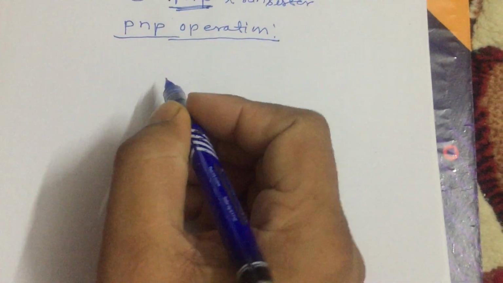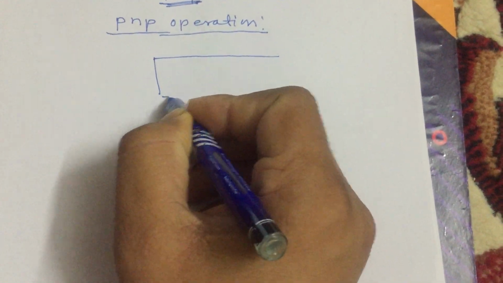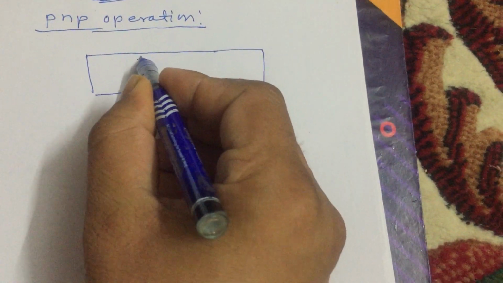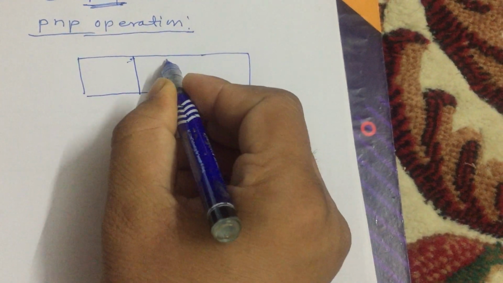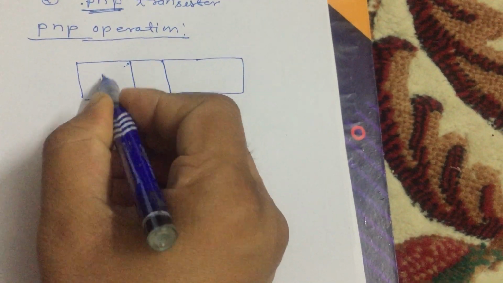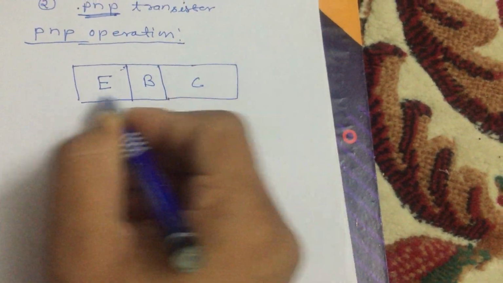In a transistor there are three regions: emitter, base and collector.